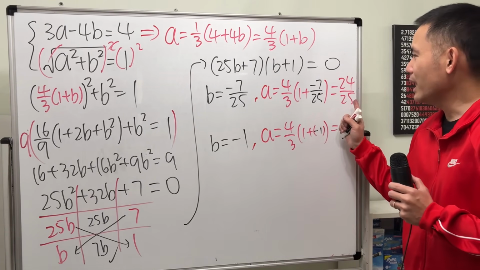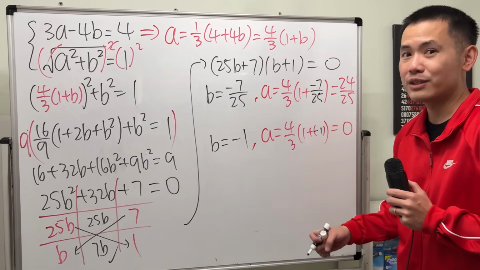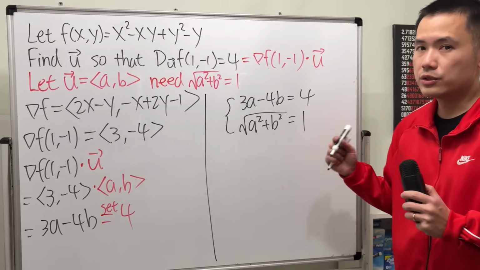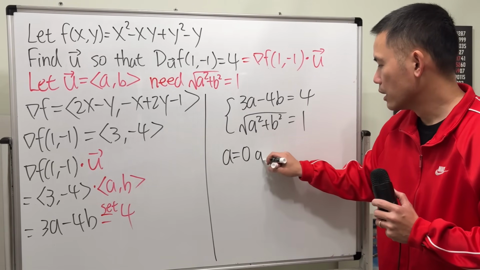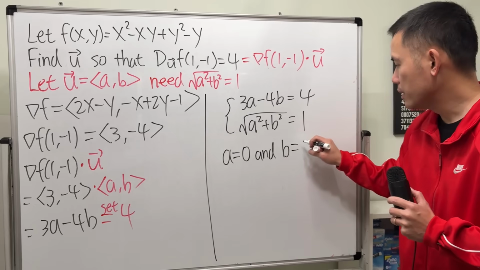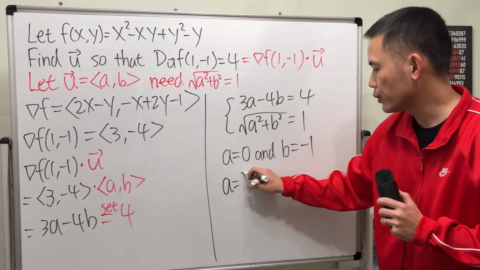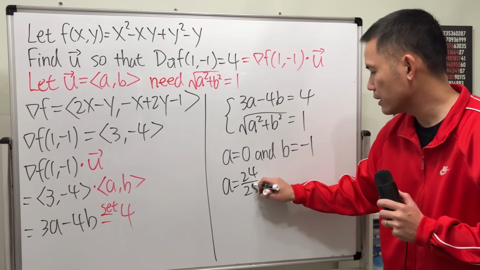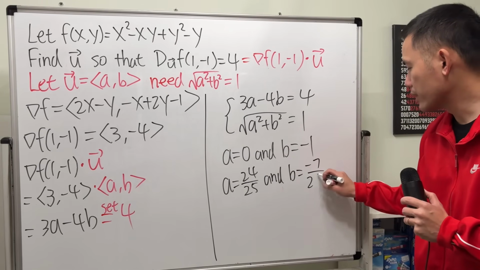So when we have a is equal to this, b is that, and a is this, b is that, we actually have two possible answers. When a is equal to 0, b will be negative 1. So that's the first answer. And the second answer is when a is equal to 24 over 25, b will be negative 7 over 25.